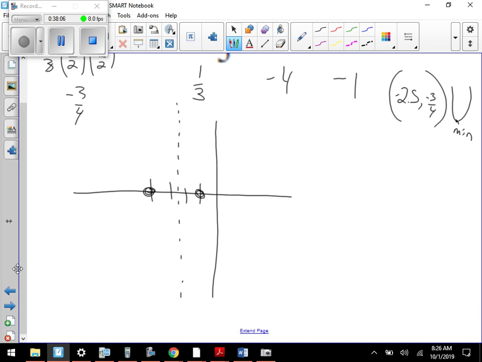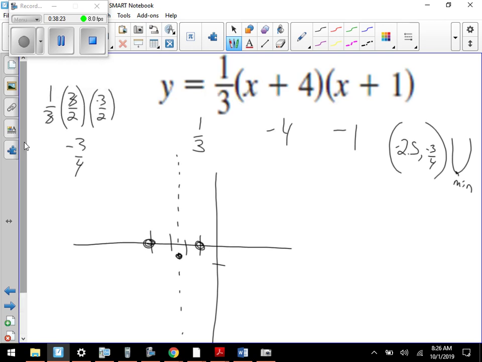So you've got your vertex at negative. And then in this case, you can either use negative 2, but I would probably just use 0, just because it looks like it'd be a little bit cleaner to work with. If I use 0, I get 4 times 1 is 4 times 1/3 is 4/3. So then I'd have that a little bit above here, about here-ish.